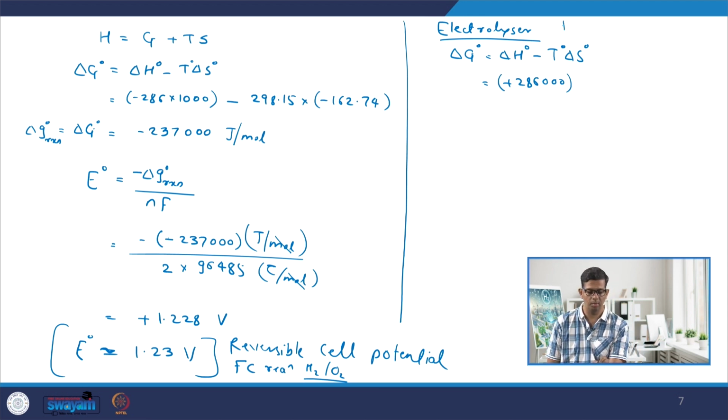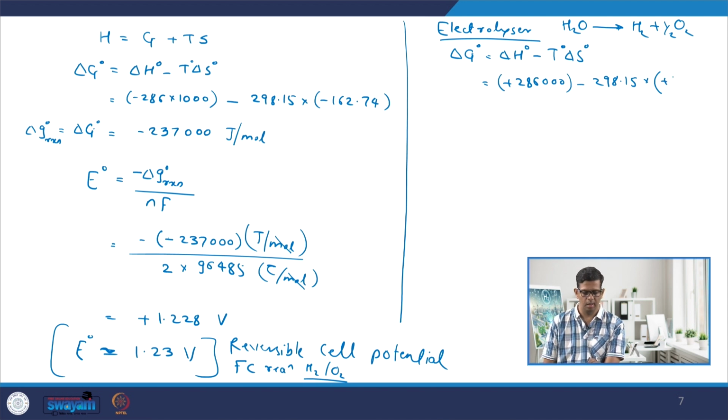What we are talking about here is water getting converted into hydrogen and half mole of oxygen. Since it is an energy intensive process, the enthalpy change will be positive, which means that energy will be required by the system to perform this reaction. T naught is our standard 298.15 Kelvin, and the entropy change will be positive, so I can write it here as plus 162.74.